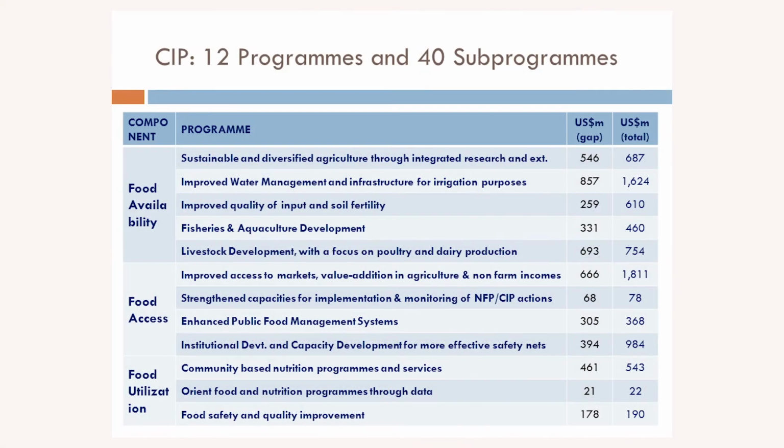For some of the programs, the financial gap is quite high. It can reach 50% of the total budget or even more. Look at the first one, sustainable and diversified agriculture through integrated research and extension. The gap is $550 million and the total budget is 687. That means that only 130, 140 is already funded. It means a lot has yet to be funded.